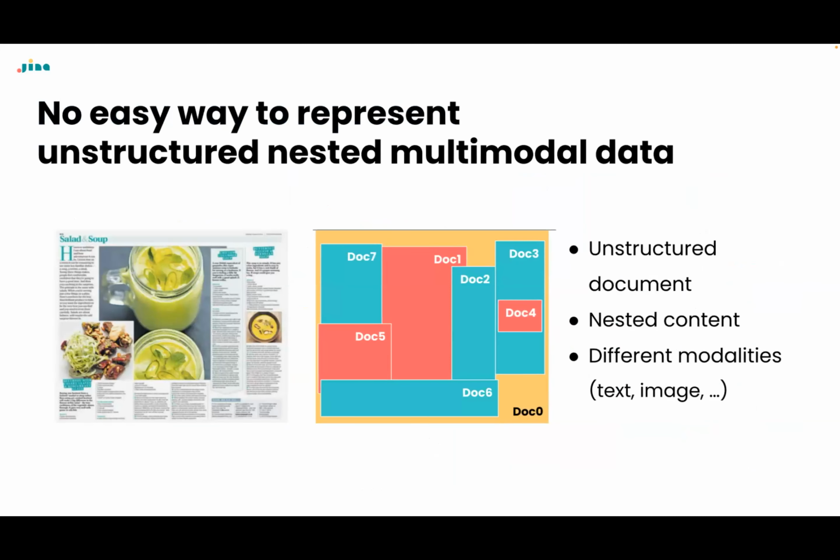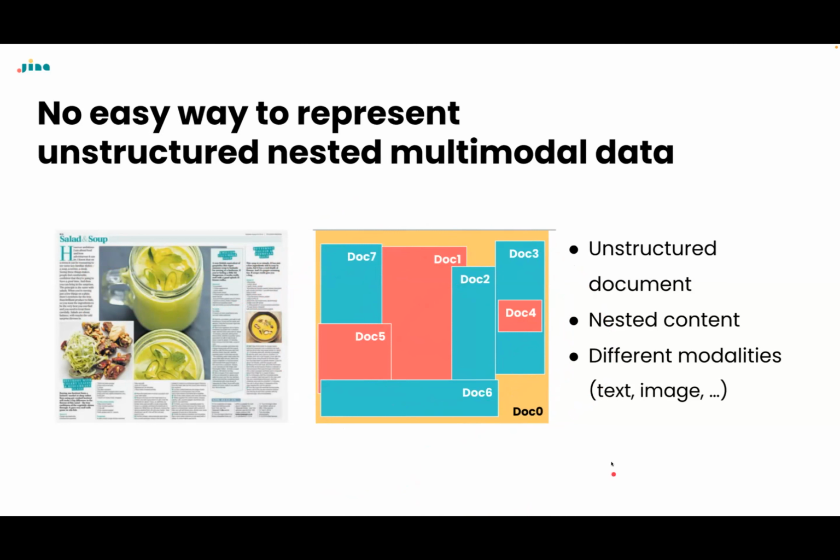But besides that, if we look at just very simple multimodal data, like this newspaper or magazine, you can see that this consists of text and also images. If you do this in a naive way, you get different sub-documents out of this full document, and each sub-document may come from different modalities.